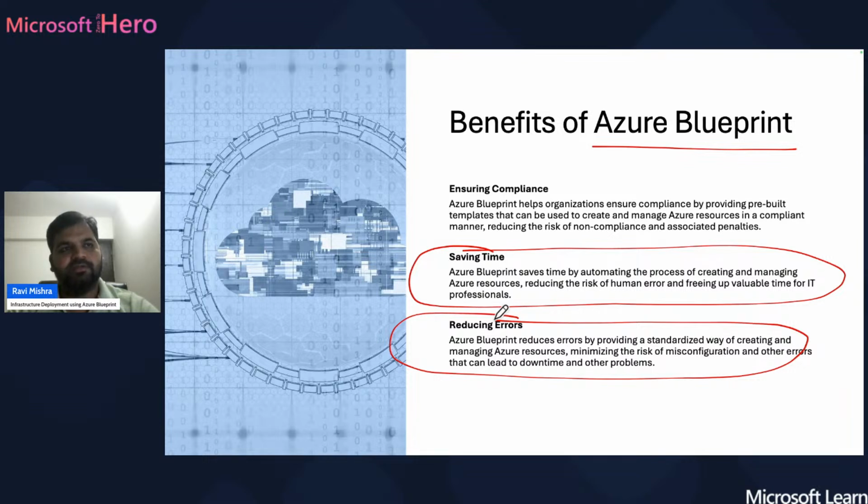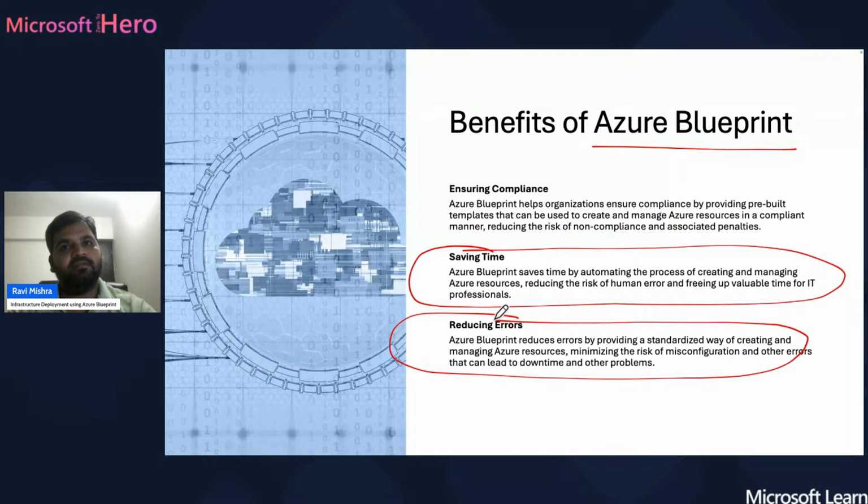I gave you an example of, let's say, three subscriptions. In the three subscriptions, if I have to deploy 50 resources each, and if I miss a single configuration here and there, then definitely it will have some error. It will not be aligned properly the way it's supposed to be in dev, and in prod, pre-prod. It will not be matching, correct?